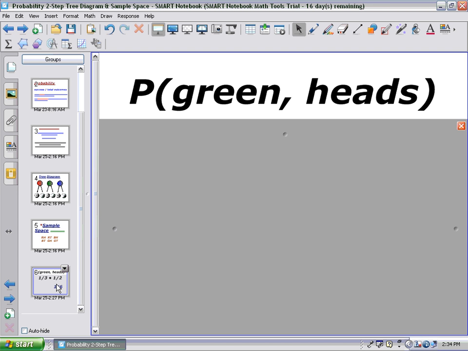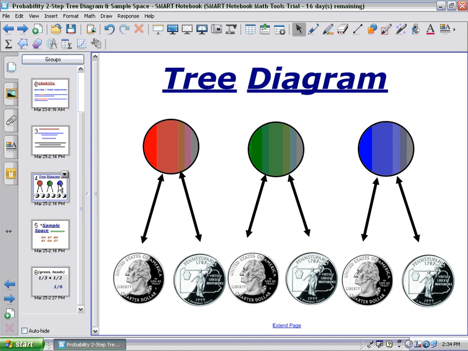Take this information, remember, green marble, heads on the coin, go back to my little scenario here, and how many times does the green marble go to heads? That's the top number, your fraction, and your probability. Your bottom number represents how many things can happen. So only 1 time does my green marble go to heads, and I have 6 things that can happen here, so my fraction is 1/6.